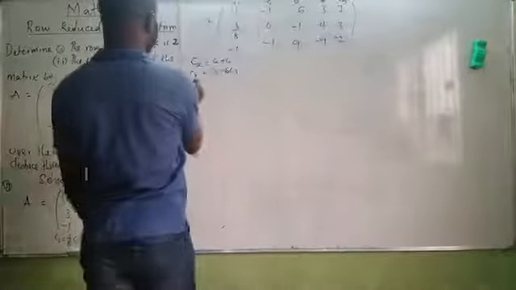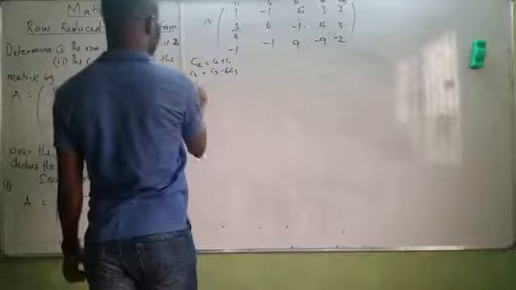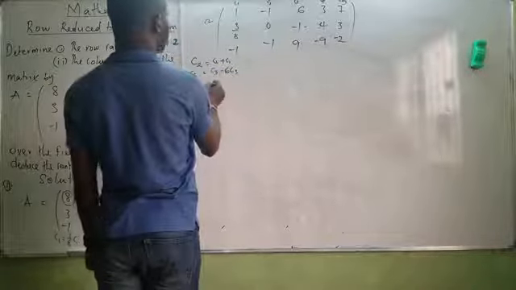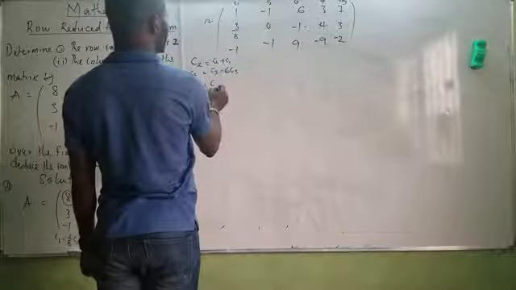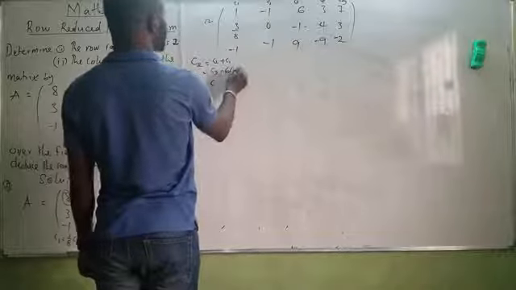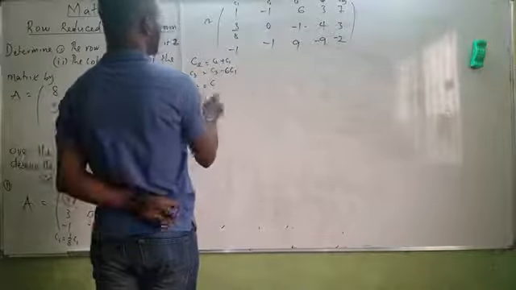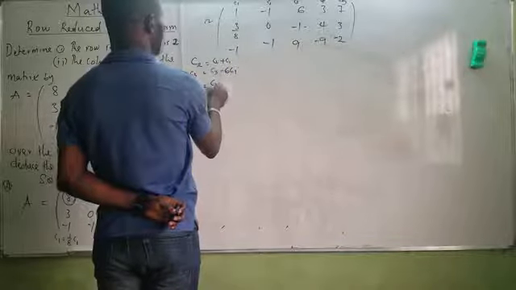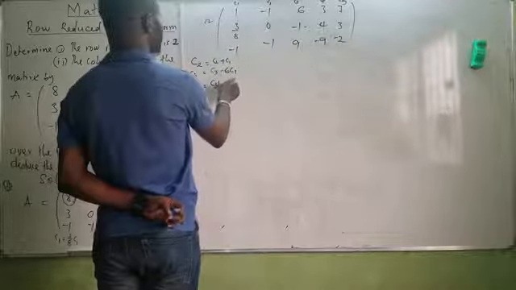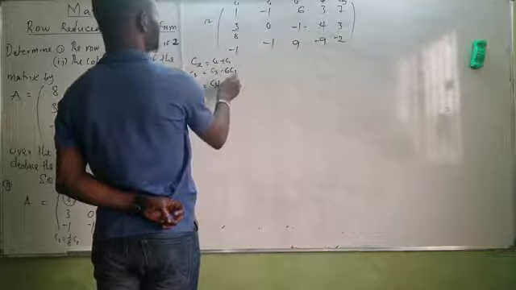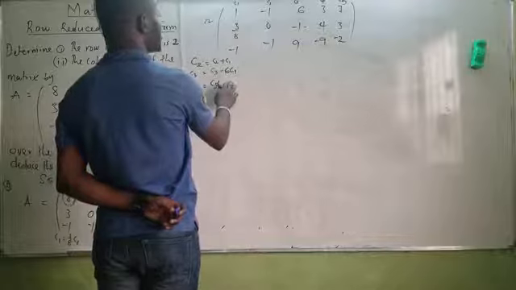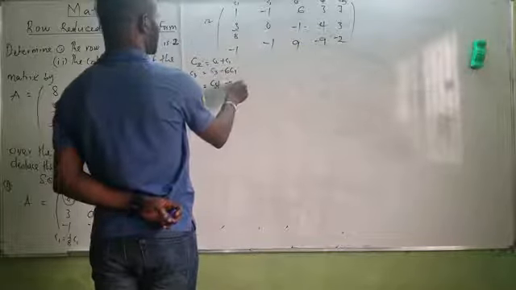Now I can also say my column 4 can be equal to column 4 minus 2, which will be minus 3 column 1.